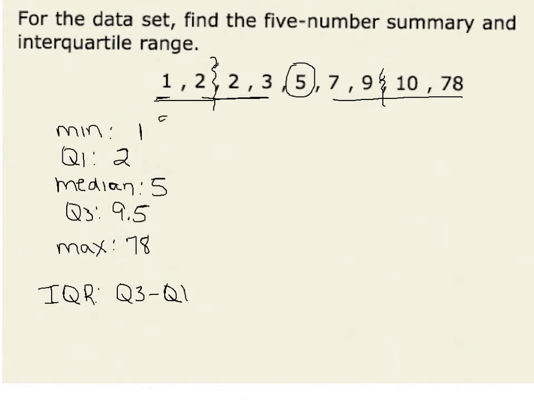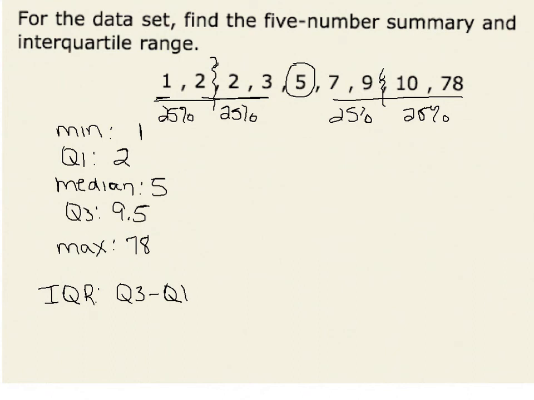We can see that 25% of our data lie between the minimum and the lower quartile, and the lower quartile and the median. Likewise, 25% of our data values lie between our median and our upper quartile, and our upper quartile and our maximum value.